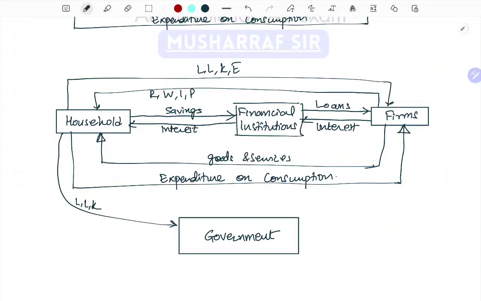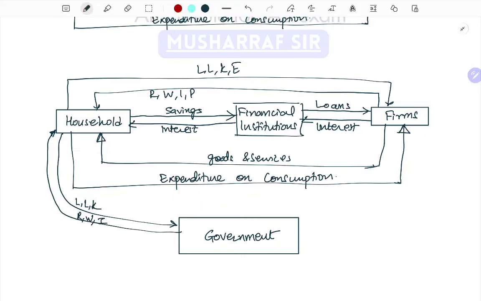So land, labor, capital will be provided by household to the government. Entrepreneurship cannot be given by household to the government; government will be the entrepreneur for government companies and firms. Now what will government provide to household? Again rent, wages and interest.